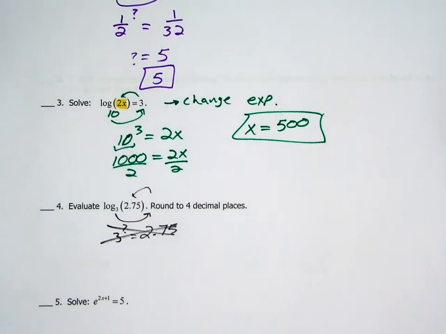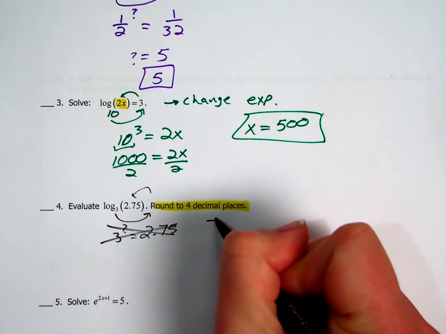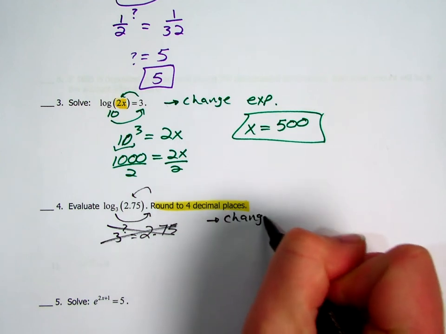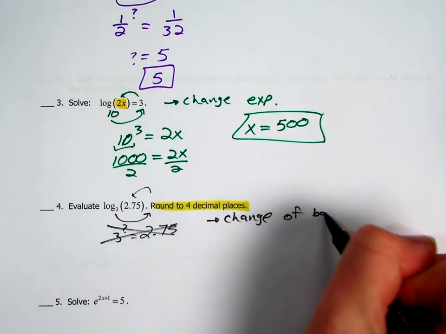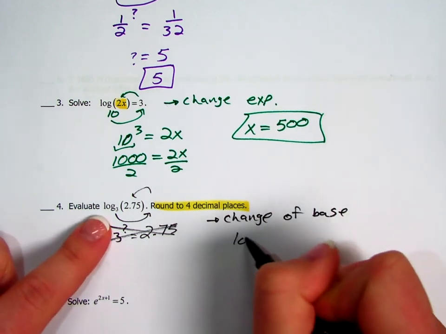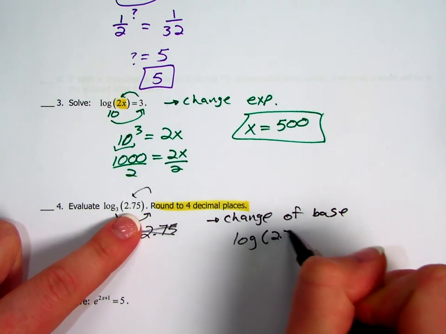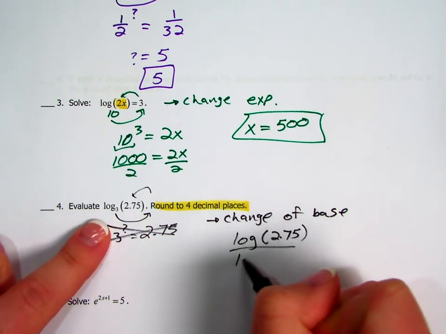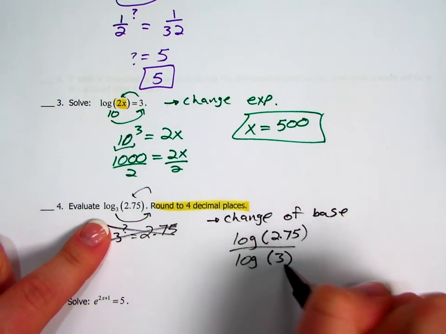And the other hint is that it tells you to round. If it tells you to round, that means you're going to get a decimal, which means you're going to have to use your calculator. So that tells me that I just need to do the change of base formula, which means log of 2.75 over log of the base, which in this case was 3.